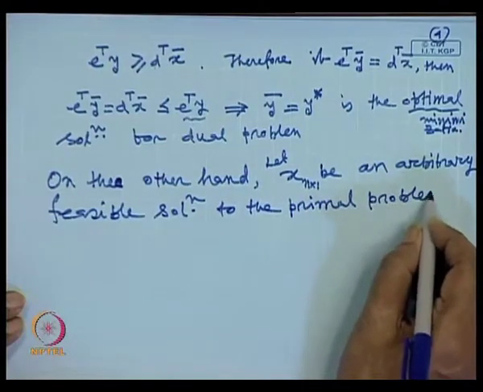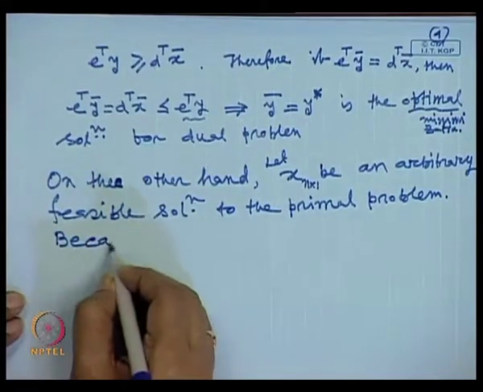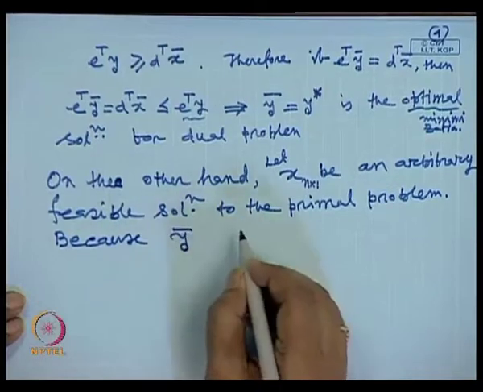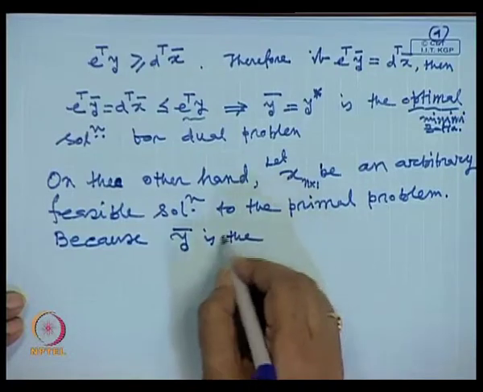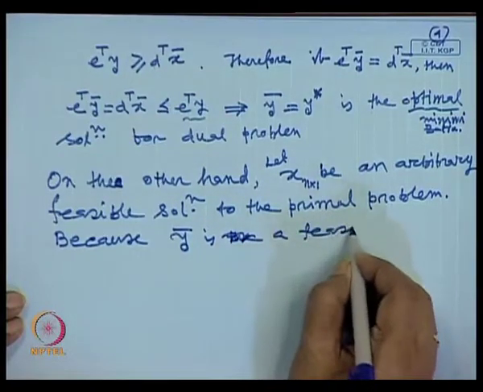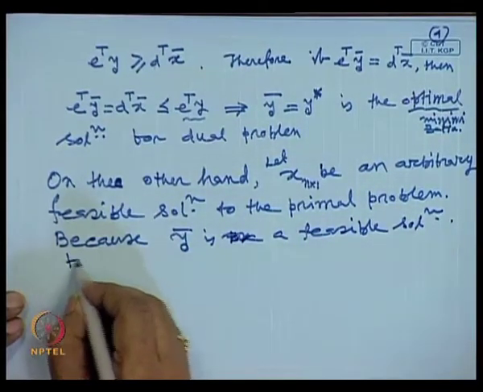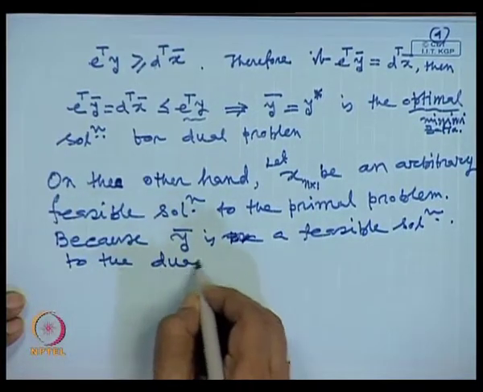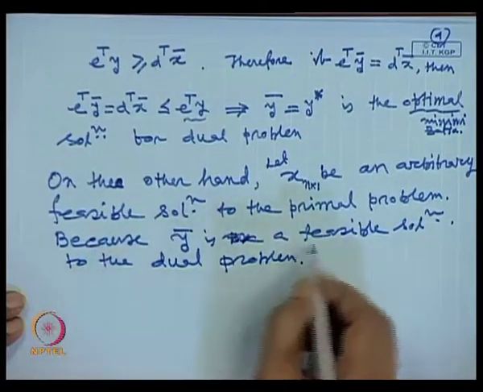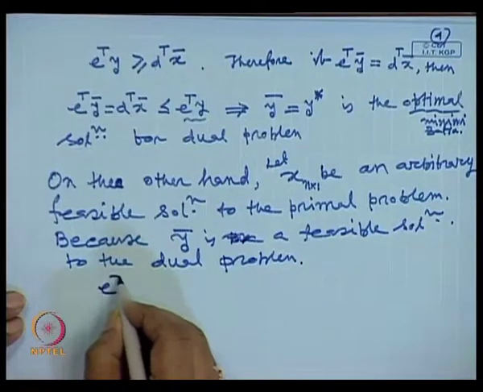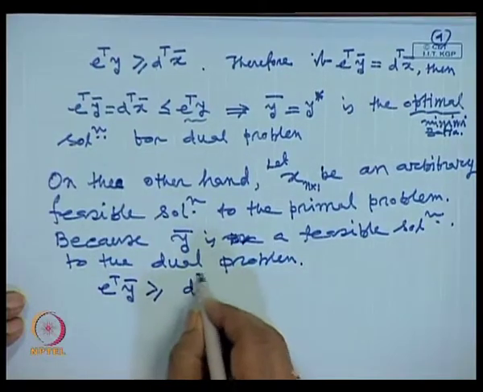Because, according to the statement of the problem, y bar is a feasible solution of the dual problem, immediately we can write that E transpose y bar is greater than or equal to D transpose x.